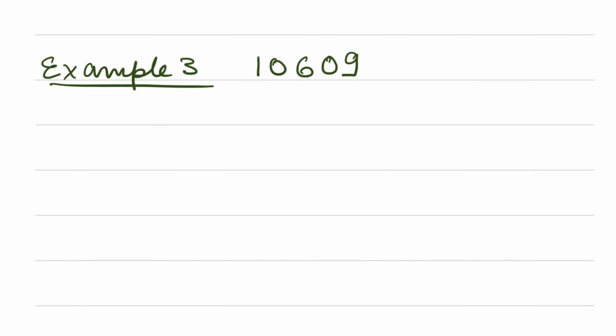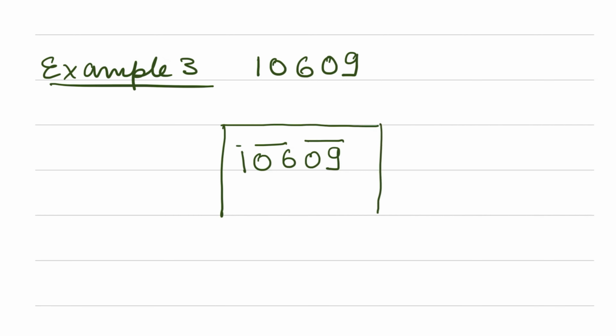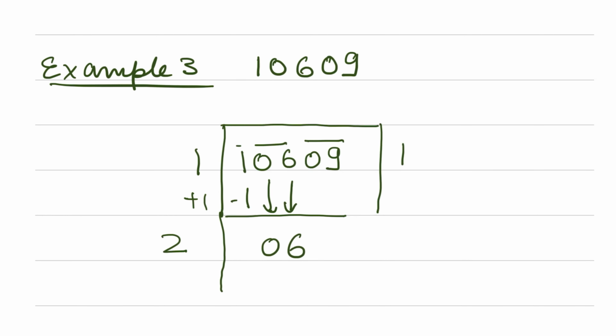Start dividing. So we'll first make pairs from the right hand side. So these two, and one is left alone. So now I'll start dividing. So first, 1 times 1, minus here, and on the divisor side it becomes plus 1, so I'll get 2 here, and I'll take down 2 digits, so I get 0 and 6.